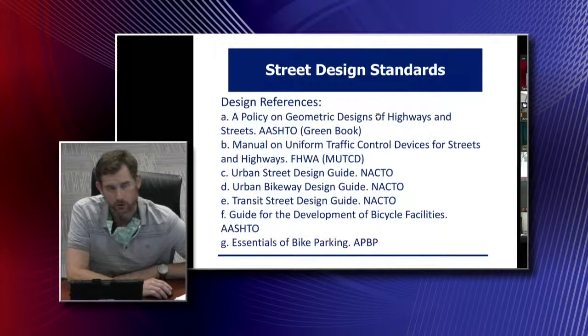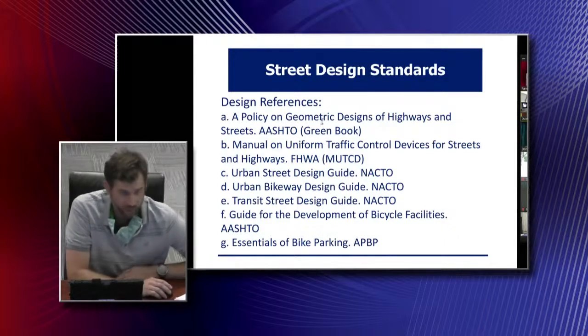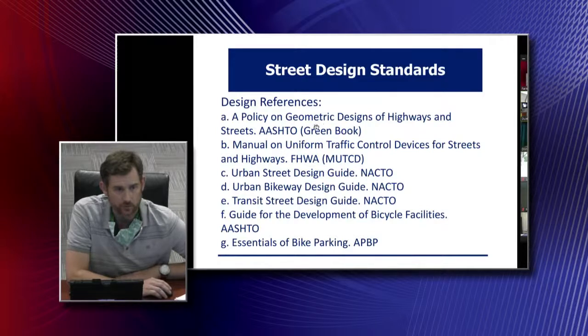In the transportation section of our design criteria, we have a list of design references, a lot of them of a more technical nature, that are used by designers putting together public improvement plans for transportation projects. One of the big ones for technical design is the AASHTO Green Book, and AASHTO is the American Association of State Highway and Transportation Officials. That document has been around for a long time and gets updated about every 10 years or so.